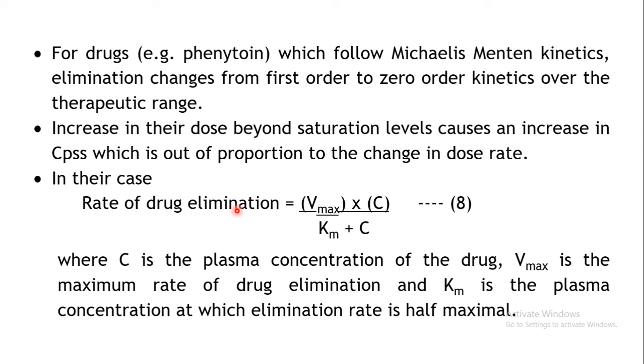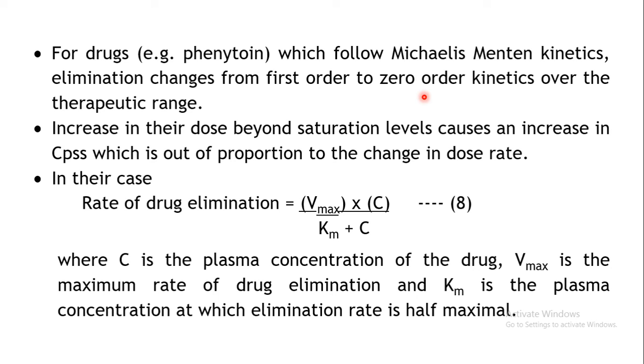However, for drugs like phenytoin, which follow saturation kinetics, wherein the kinetics changes from first order to zero order, if you increase the dose rate, there will be a disproportionate increase in the steady state plasma concentrations, right?